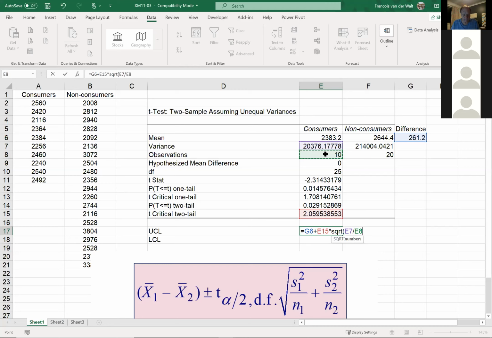Plus, and the same thing for this population. This one, divide by that one. So this is slightly more complex than the previous round. And this will be the same thing, but for the other side.